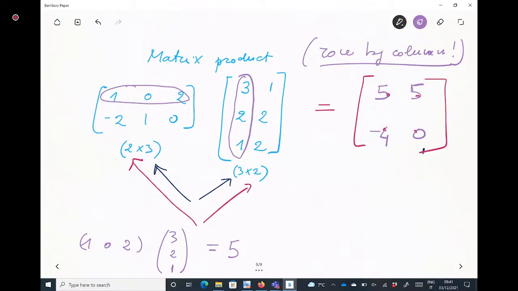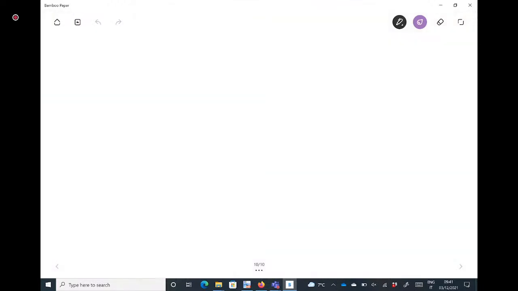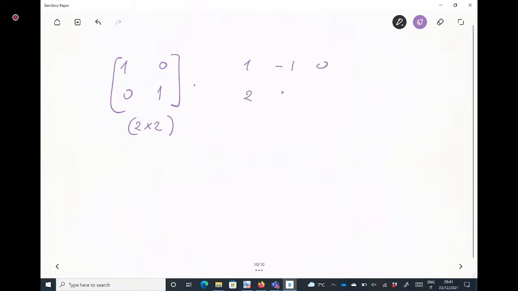And there are some particular cases, of course. Suppose that you want to multiply the identity matrix times this matrix A. This is 2 by 2. And now consider, for instance, this one, which is 2 by 3.